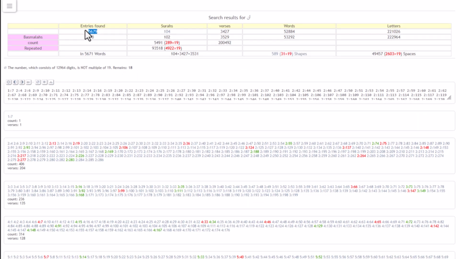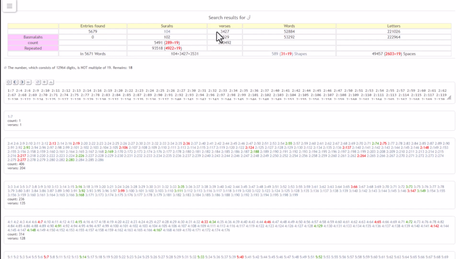It will show me the same entry, but I have the number of the surah over here. I'll see if the basmala has this anna, but it doesn't have. It has alif or Allah or Rahman or Rahim and so on.